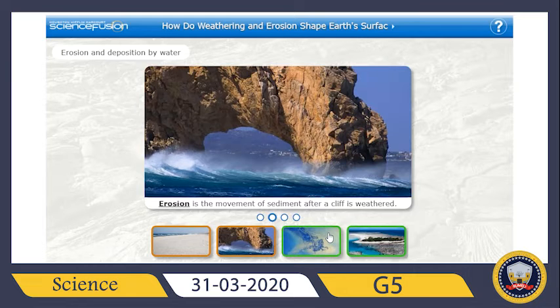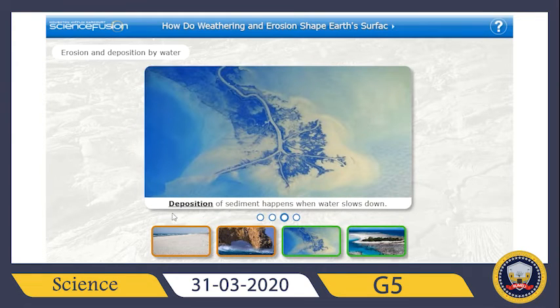We also have something called deposition. When water slows down, sediment will start to accumulate in some places. These places are called deposition places, and the process is called deposition.